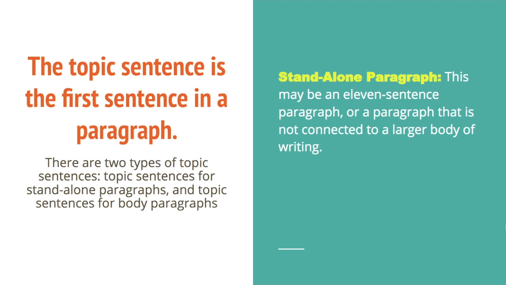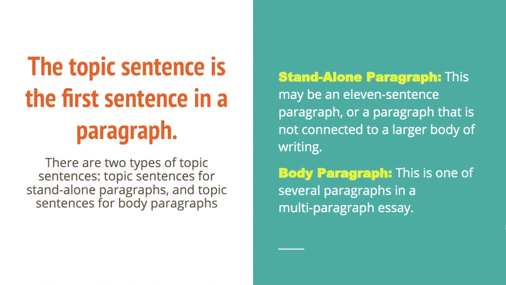It's something that can just exist by itself. Whereas body paragraphs are those paragraphs within a multi-paragraph essay. Those usually come after your introduction and before your conclusion. Usually there are 2 or 3 paragraphs between those, and they are your body paragraphs.